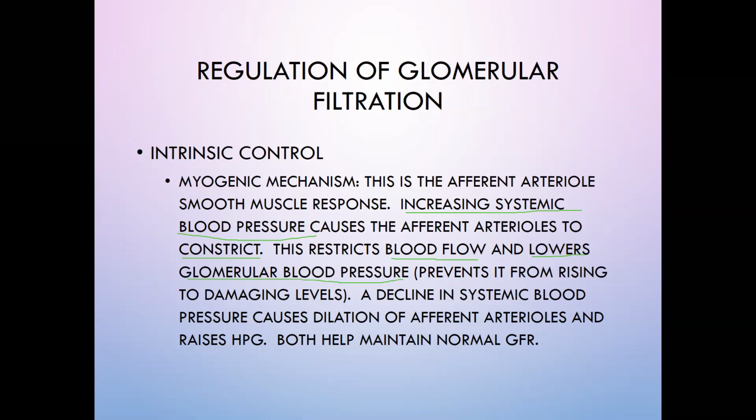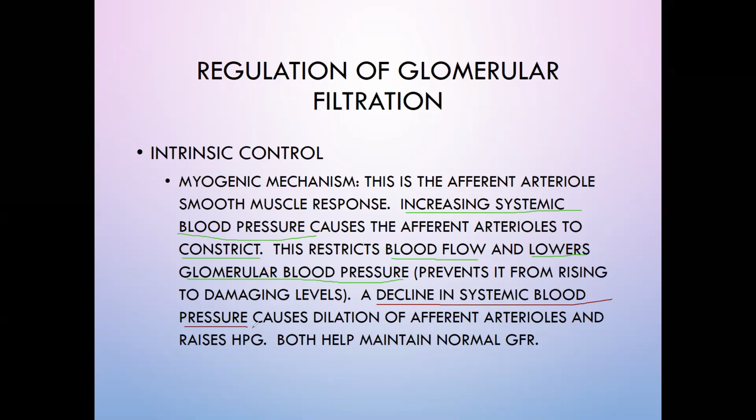And then conversely, in a decline in systemic blood pressure, there's not going to be a pressure inside of your smooth muscle anymore. So it's just going to relax and then it's going to dilate. But then we also have some factors that can cause further dilation if necessary, which we're not going to get into yet.